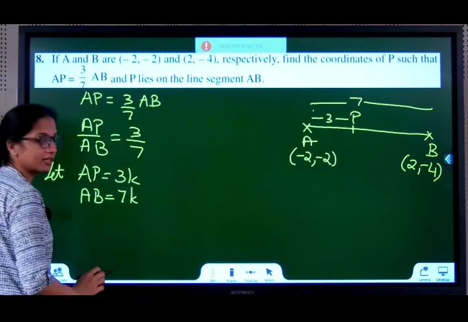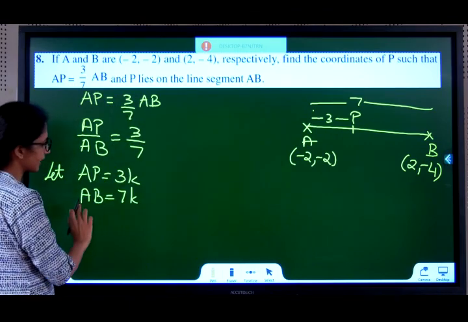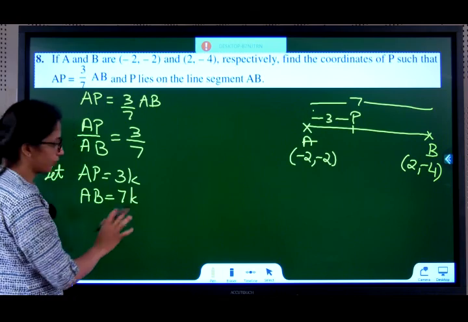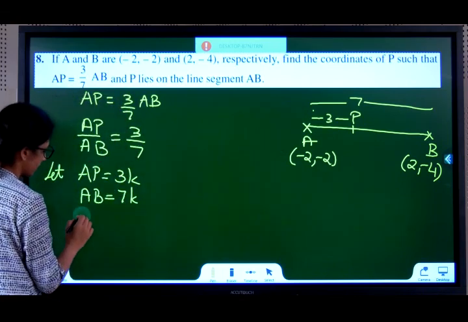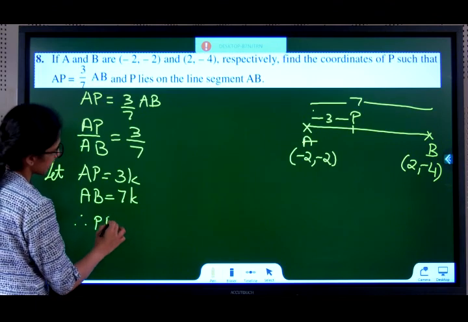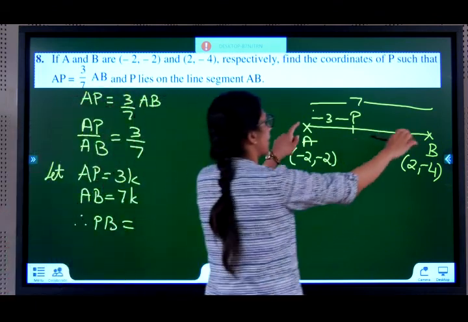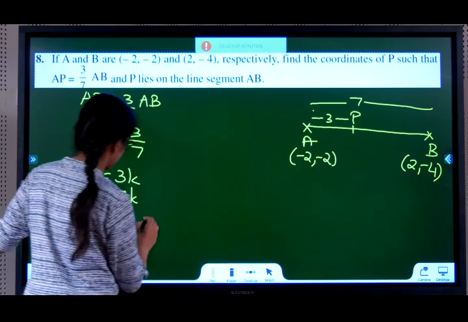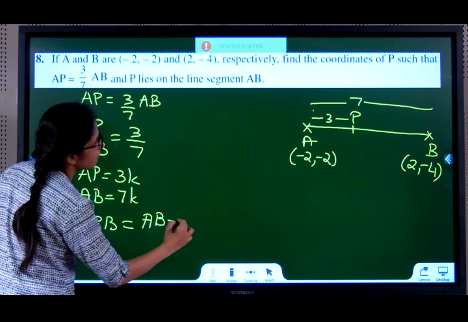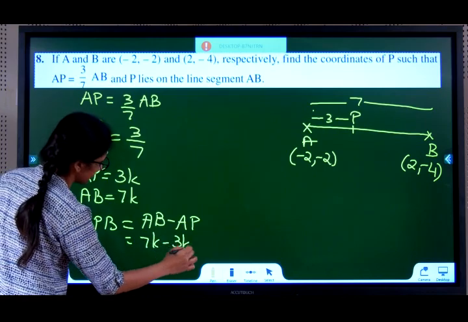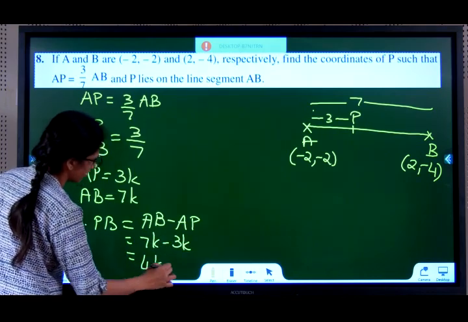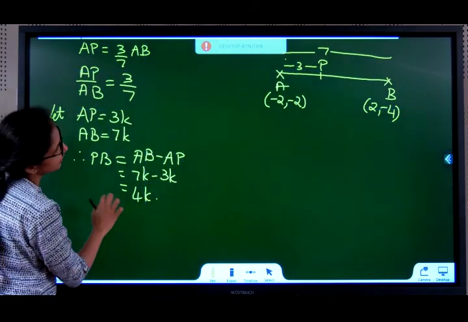If AP is 3K and AB is 7K, we now have the lengths. Can I find PB? Yes. How? PB is nothing but AB minus AP, 7K minus 3K, which is 4K. Now we will take the ratio.